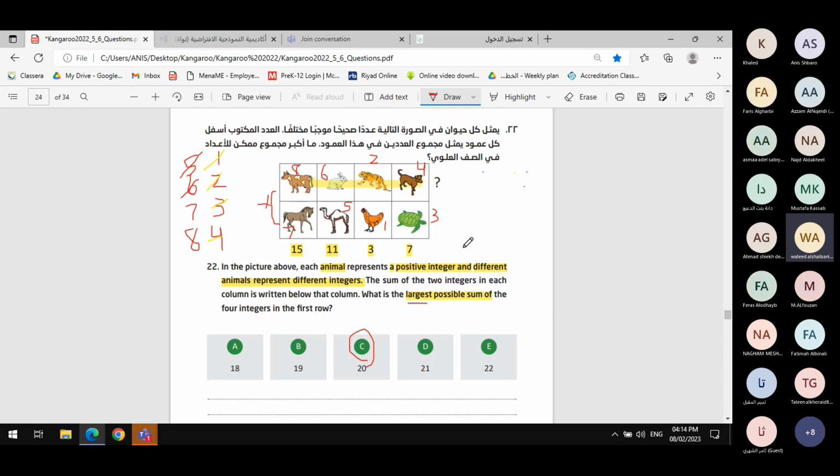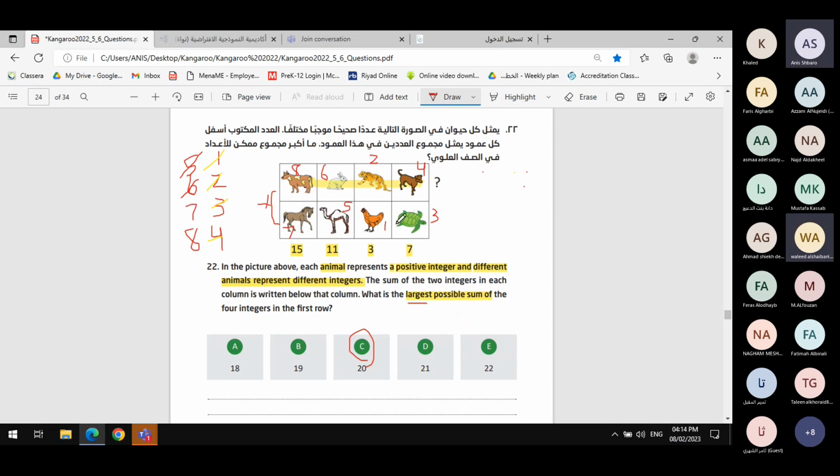What I'm saying is I go for the smallest possible sum on the bottom and the largest possible here. For example, I put on the turtle 1, and then the chicken 1, and then on the camel 1.